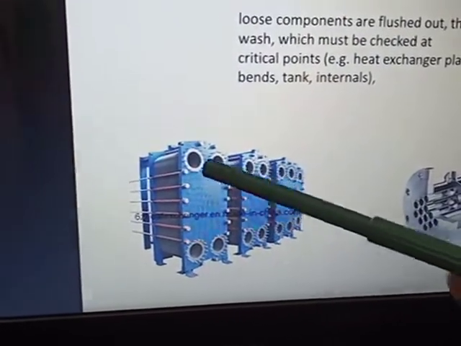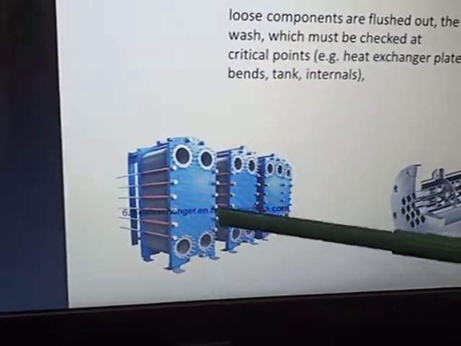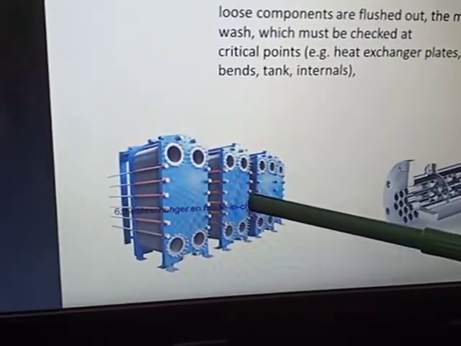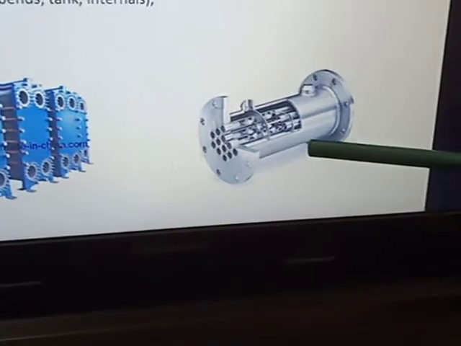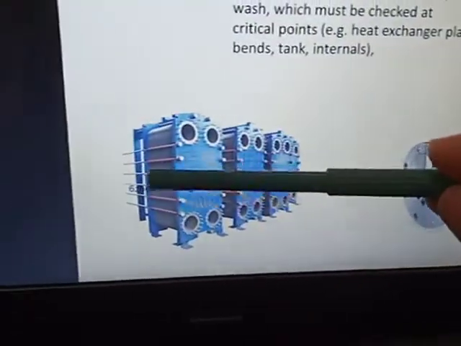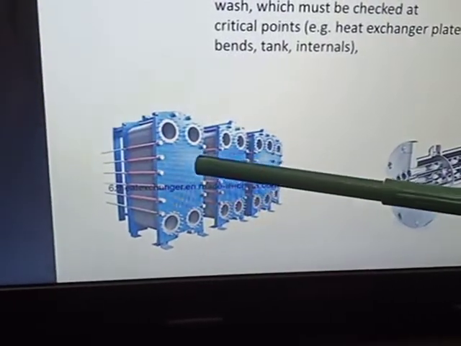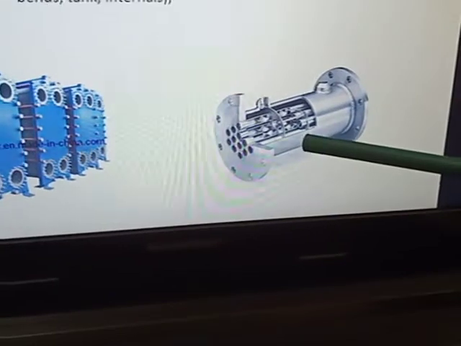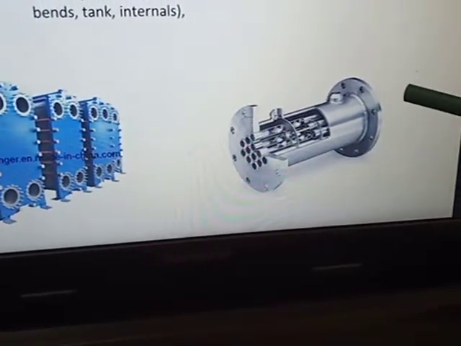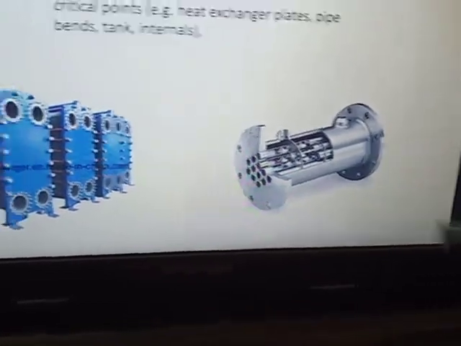So you need to flow in plain water first before doing the cleaning with detergent. This is another example of heat exchanger, this type is a plate heat exchanger. This is a shell and tube heat exchanger. All these are also equipment for food processing.